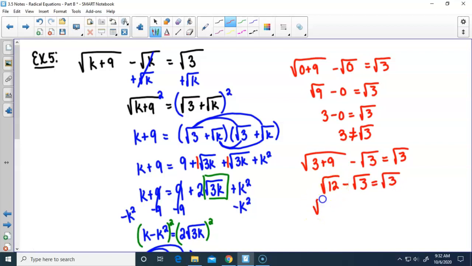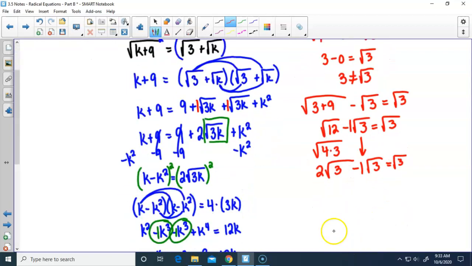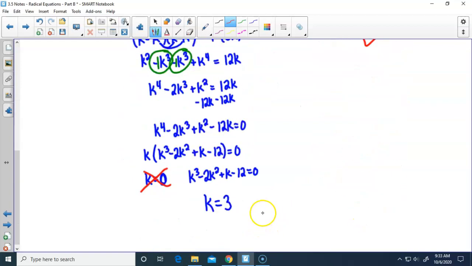We could break 12 down into 4 times 3, which means this is going to give us 2 square root of 3 minus, I'm going to put a 1 right here in front of this, 1 square root of 3 equals the square root of 3. And then 2 square root of 3 minus 1 square root of 3 just gives you 1 square root of 3, or just square root of 3 itself, which does equal square root of 3. So 3 is a correct answer.